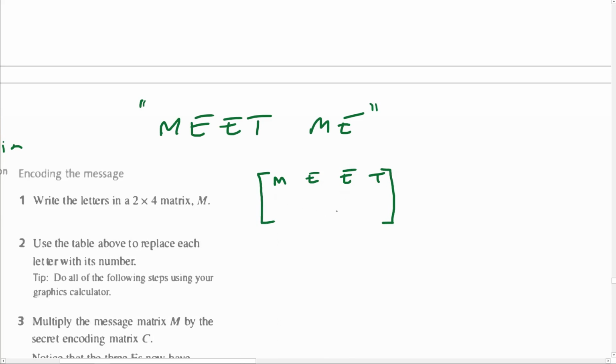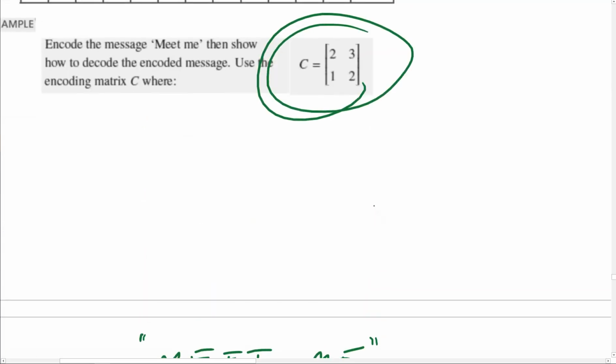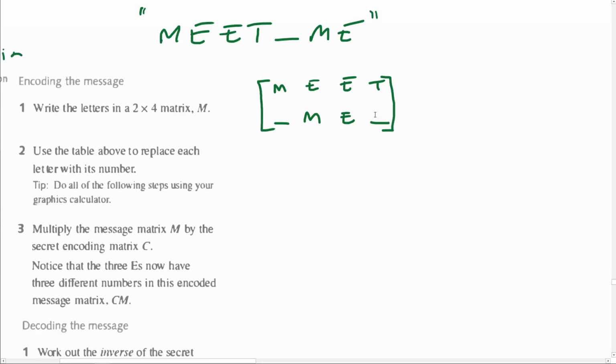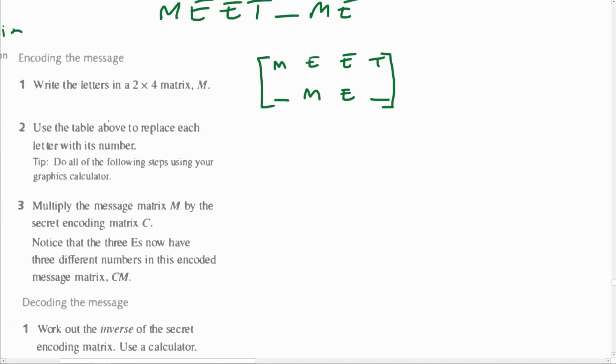And then the word me, well, if you have a look at this message, there's actually a space there. So I might include a space for my first element of the second row, and then M, E, but I'm left with one more that I need to fill in. I might just put another space there. Remember, the spaces are represented with the number 27. So there's my message in a matrix.